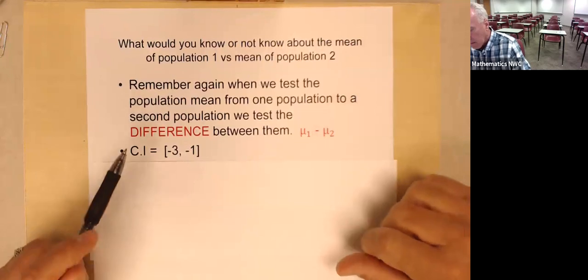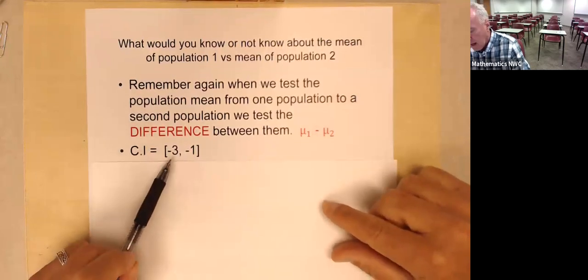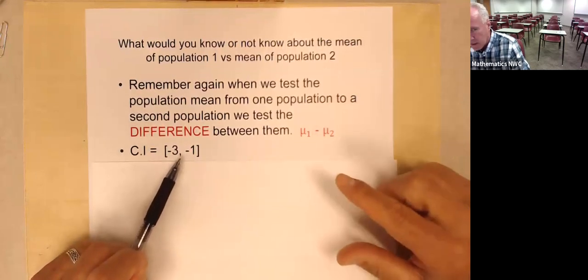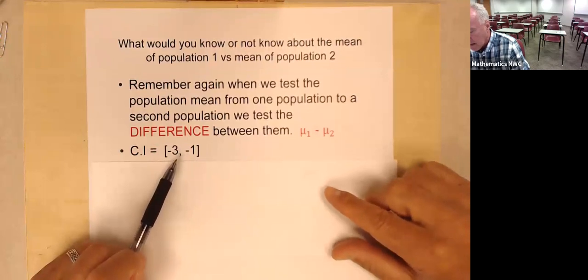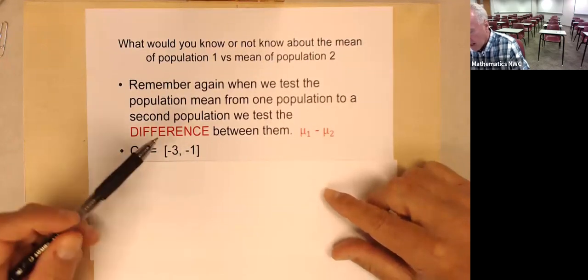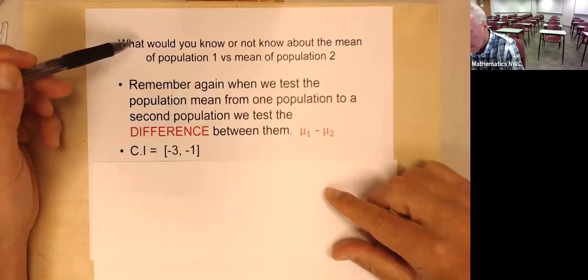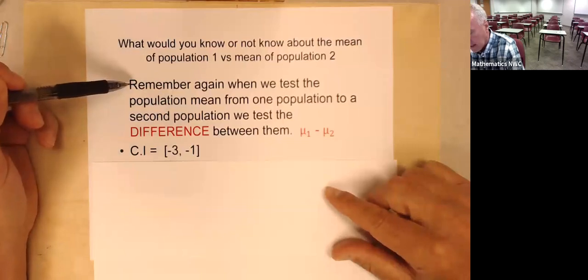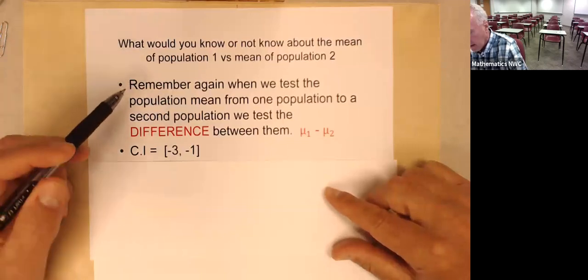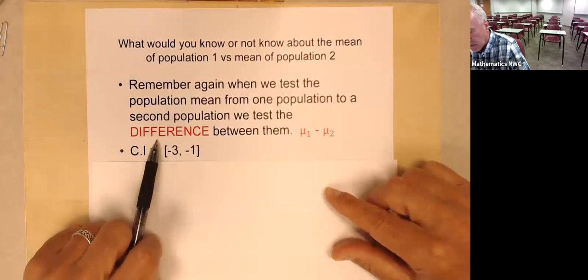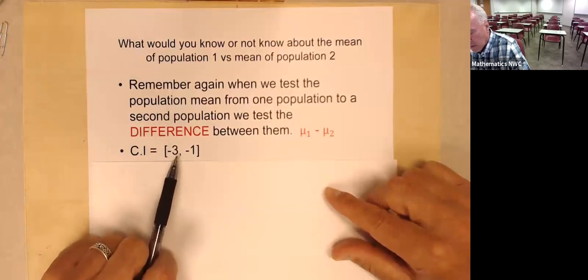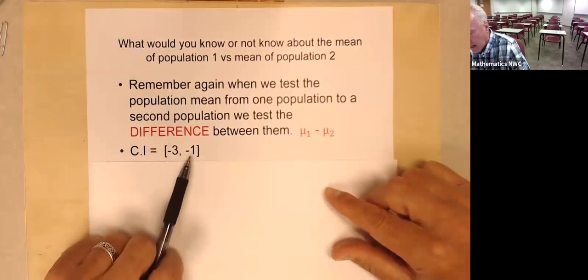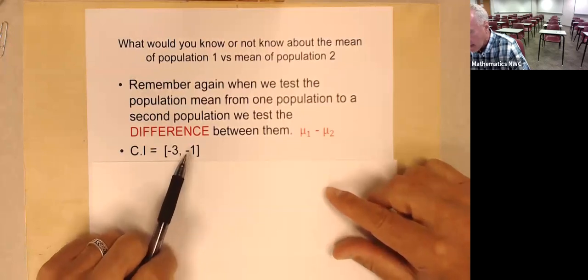I made up a confidence interval. I kept the numbers very simple first because I wanted you to understand what I'm trying to get across in this particular slide, okay? If the difference is somewhere between a -3 and a -1, what does that mean?